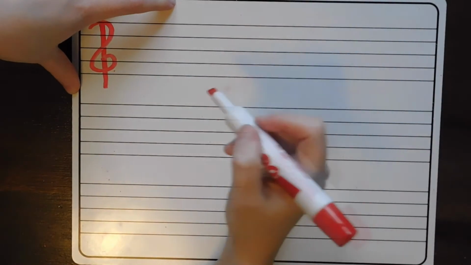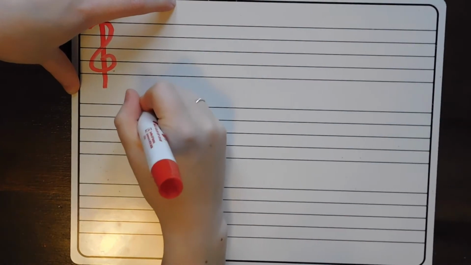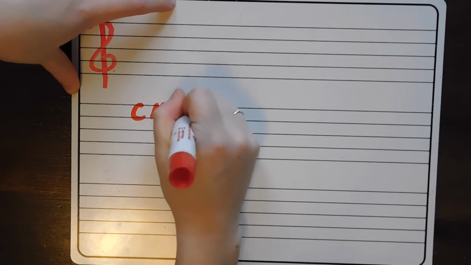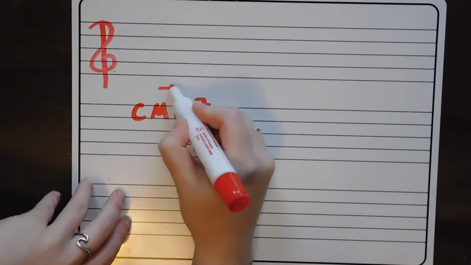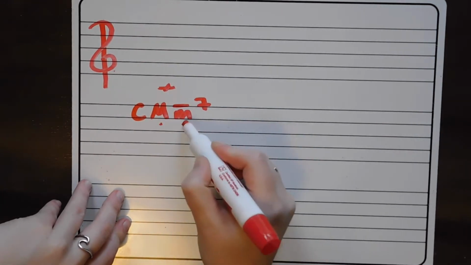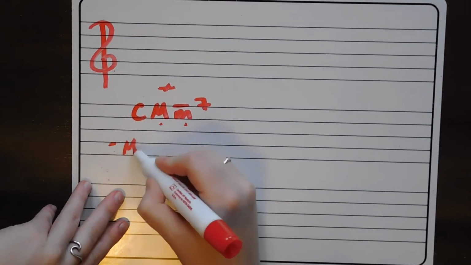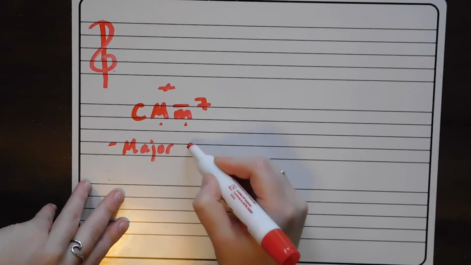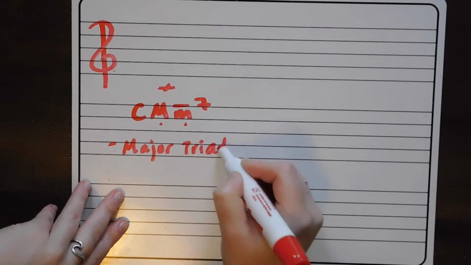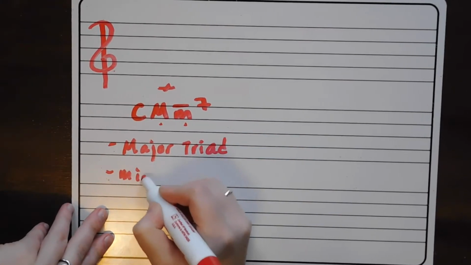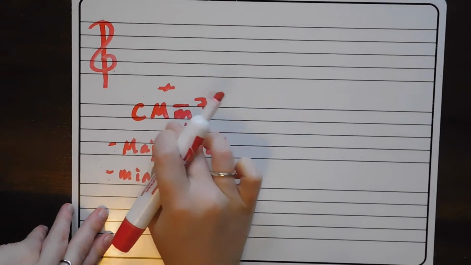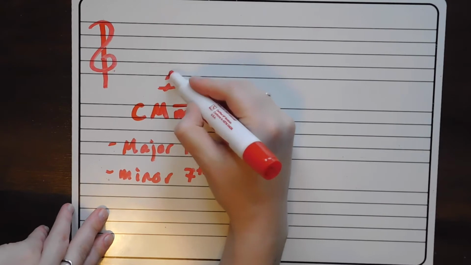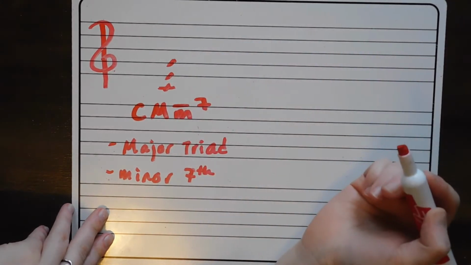Now let's do a C major minor 7th. This is exactly what it sounds like. You're going to do a major triad with a minor 7th. I'll write that out: major triad and a minor 7th. So let's first get our major triad. That's our C major triad.